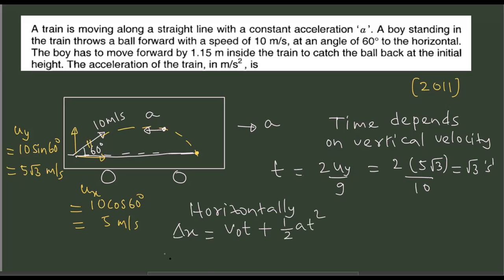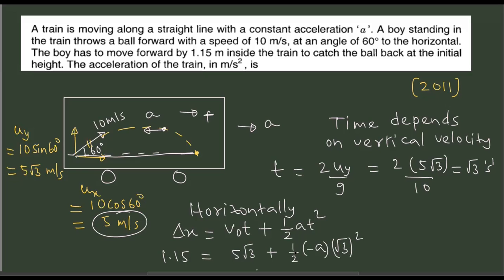That is 1.15, equal to, what is the initial velocity? I'm taking right side as positive. So initial velocity horizontally is 5. How long was this moving? Root 3, plus half, a is negative, so I'll just put minus a, and then t square is root 3 whole square. Are you guys okay so far?